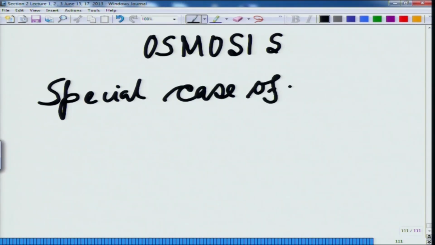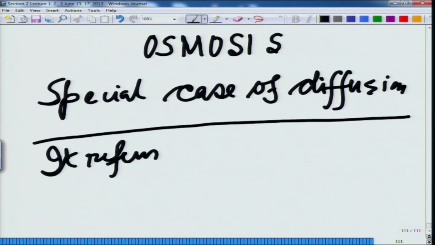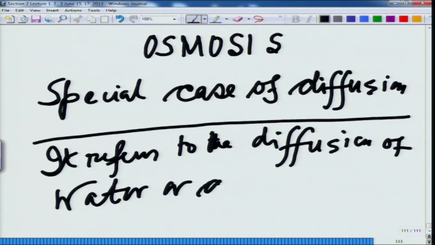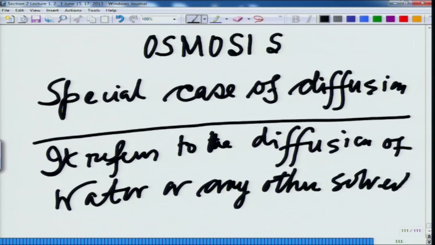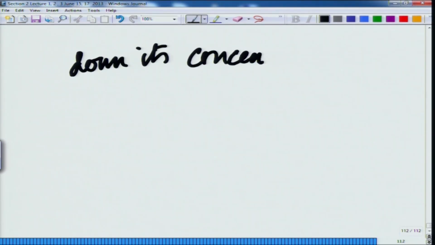Special case of diffusion. Be very careful on this one, because many people get confused about what osmosis is all about. If I had to put it, it refers to the diffusion of water, or any other solvent, down its concentration gradient.